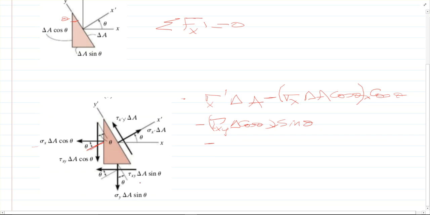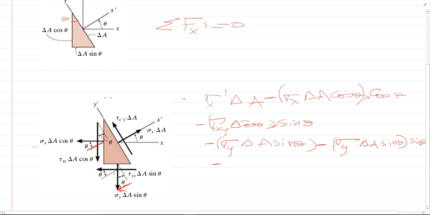Again, from the bottom side, we have minus sigma y delta A sine theta, that's the force. And to convert this, we need to multiply by sine theta to get this component. So it's going to be minus sigma y delta A sine theta times sine theta.